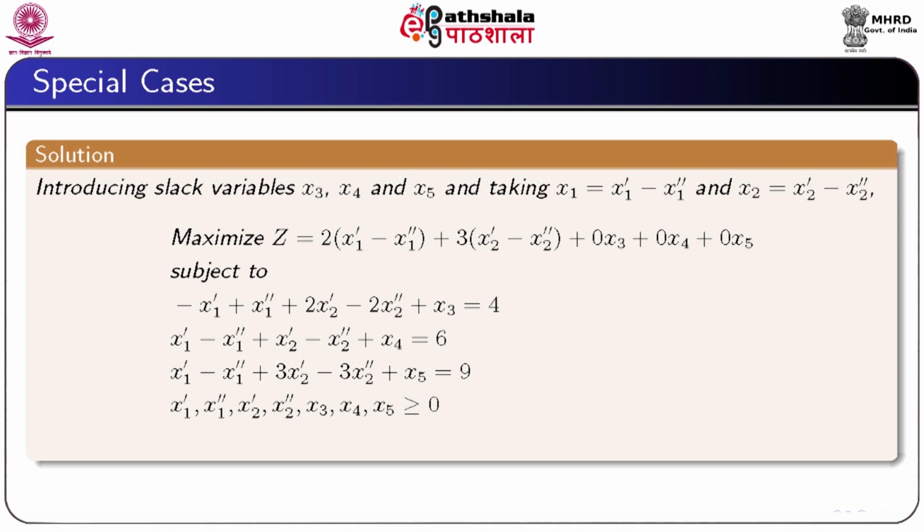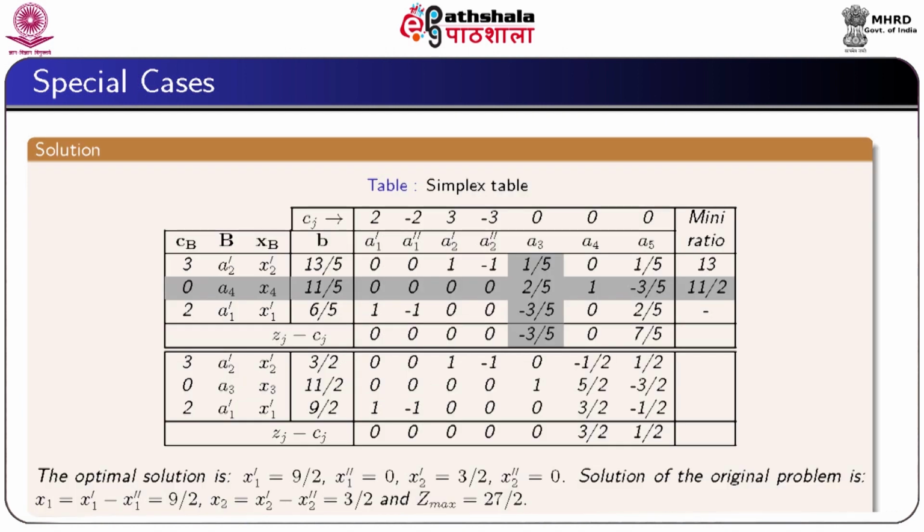Here, since x3, x4 and x5 are slack variables, we take the coefficients of these variables as 0 in the objective function. Following the usual simplex algorithm, we obtain results of two successive iterations as shown in this slide.